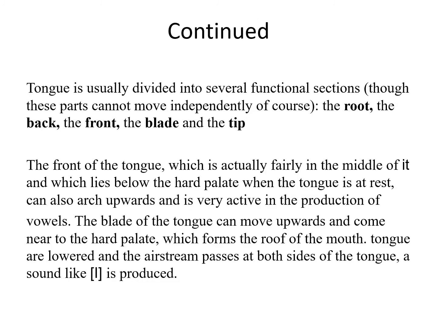The tongue is usually divided into several functional sections. These parts cannot move independently, of course: the root, the back, the front, the blade and the tip. The front of the tongue, which is fairly in the middle of it, lies below the hard palate when the tongue is at rest.